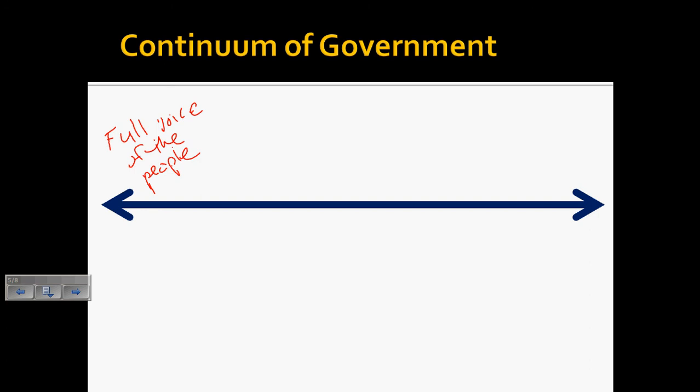So if we put these in their place, by definition, a democracy is the full voice of the people. Somewhere here, right here, you might have the republic. This idea being that you have a voice in electing your representatives, and the representatives go and do the work of government.